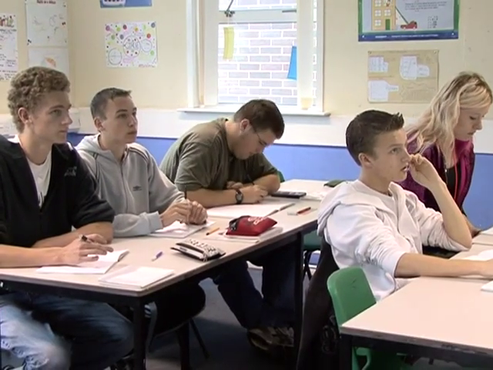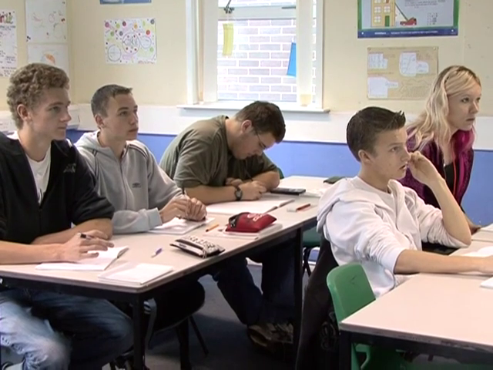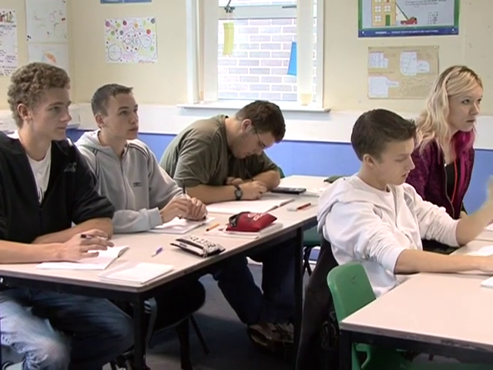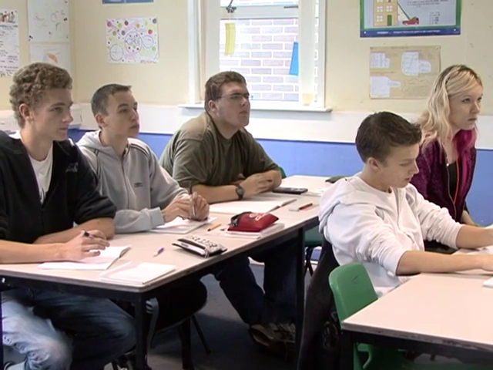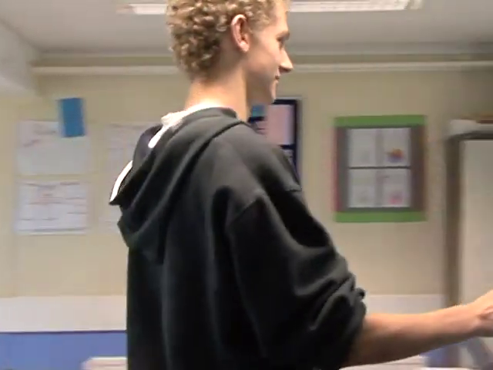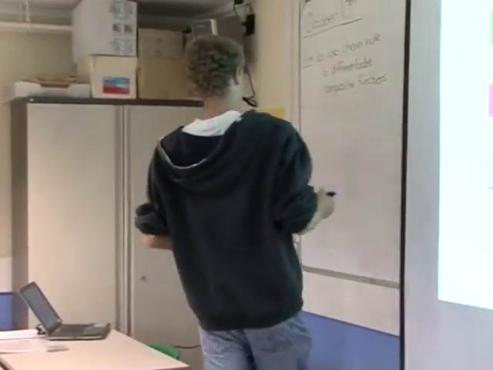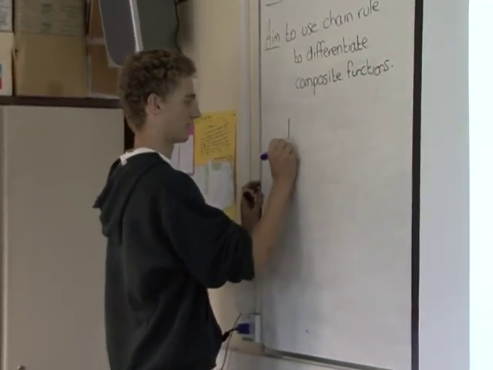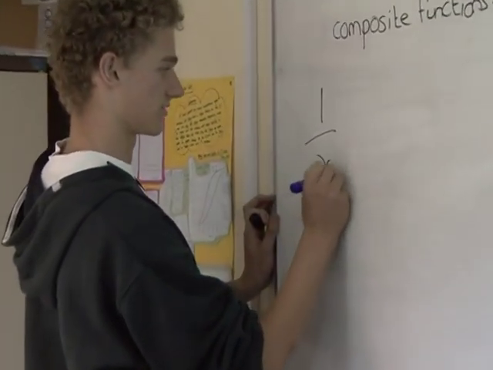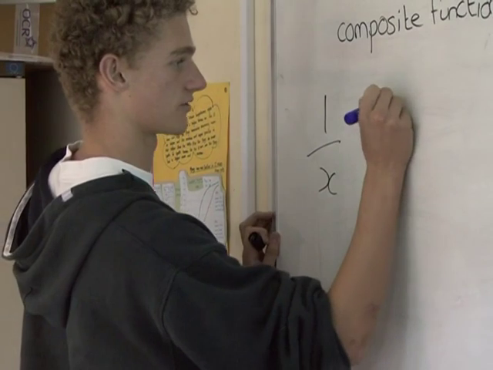Alex, what would you do with the top right one in brackets? Expand out the brackets. That leaves 2 left over. Volunteer to come to the board to show us how 1 over x differentiates to negative 1 over x squared. So 1 over x is the same as x to the minus 1.